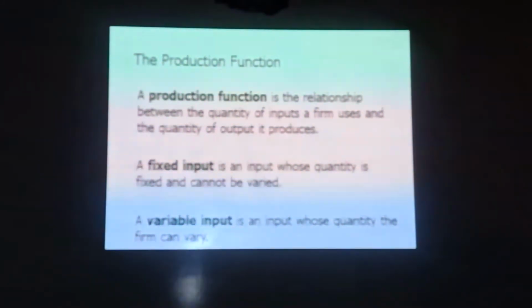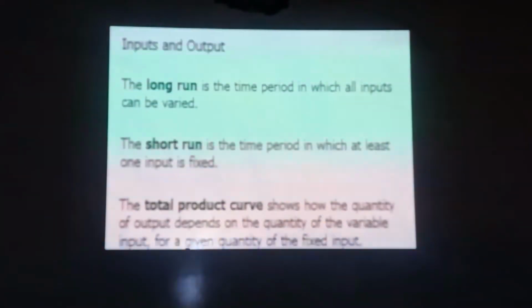Usually in the short run we use labor as a variable input. So the production function is the relationship between the quantity of output we produce and the quantity of input we employ. There are two inputs: fixed input, which does not change with the change in output, and variable input, which changes with the changes in the output.